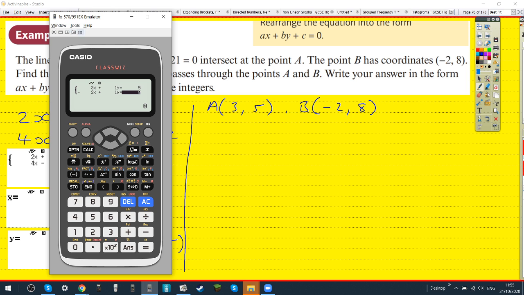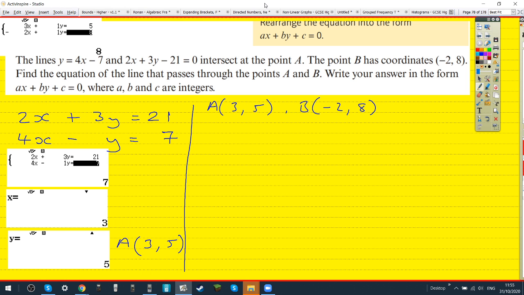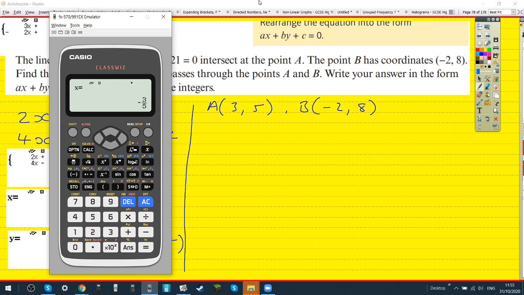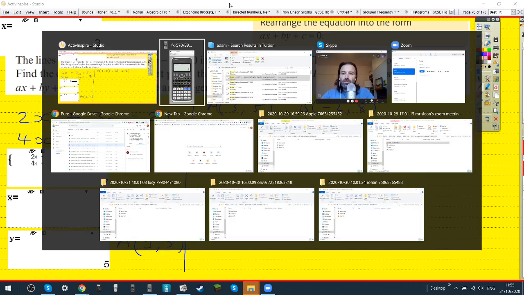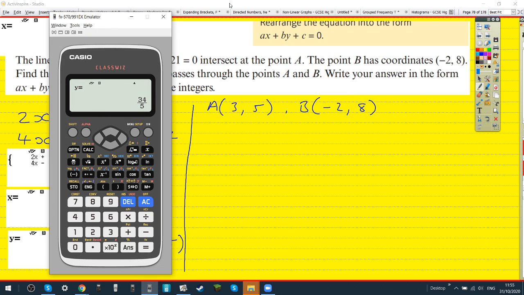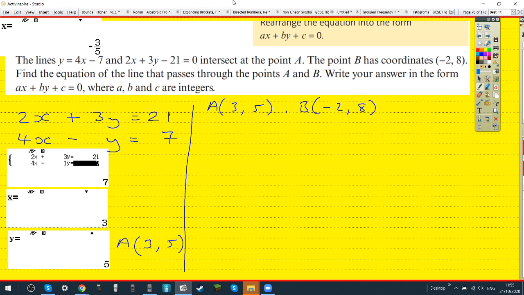So y equals minus 3 over 5x plus c. And then for x and y, do we just substitute any of the two coordinates in? Yep. So we just do 3 and 5. It's easier.